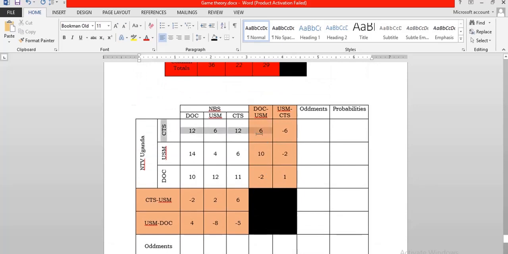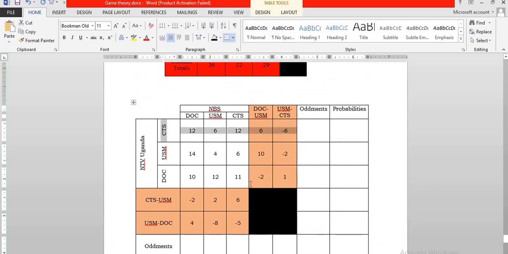If you shade this first part here, we shall remain with 10, negative 2, negative 2, 1. 10 times 1 is 10. Negative 2 times negative 2 is 4. So 10 minus 4 gives you 6, which we have put here. For the next, we shade off this part here to get the oddment of the middle row. We remember this is 6, negative 6, negative 2, 1.